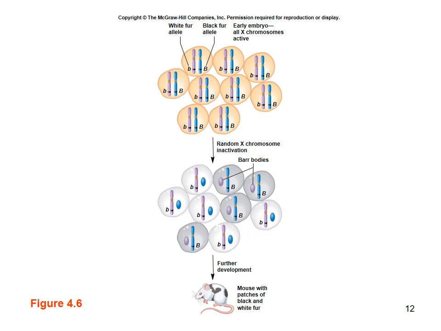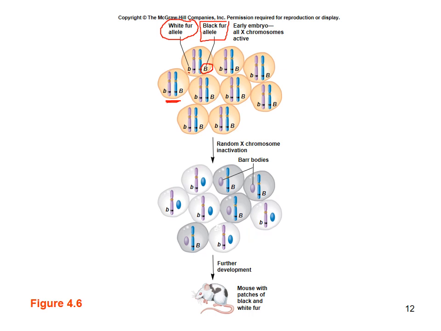All right, let's look at this example right here. So we have our little mouse, and we see that they are going to be a genetic female. They've inherited two versions of the X chromosome, and this is going to have either an X chromosome that will allow for white fur to develop with the lowercase b, or for black fur to develop with our dominant capital B. Okay, now what we see happening is very early on in embryonic development, at random, we're going to start inactivating one of the X chromosomes in every single one of those somatic cells.